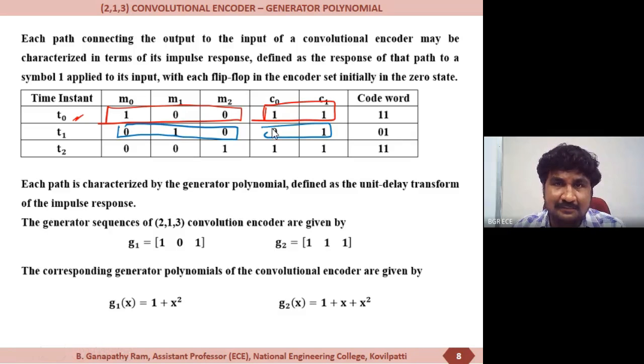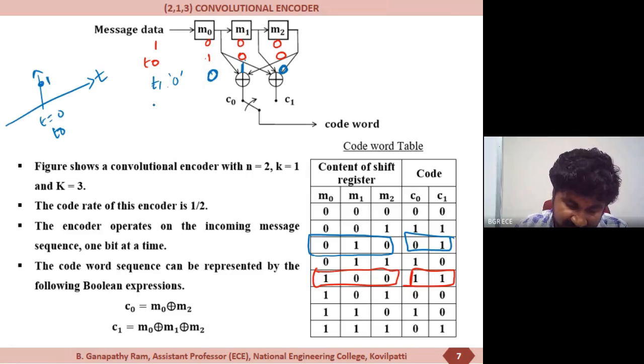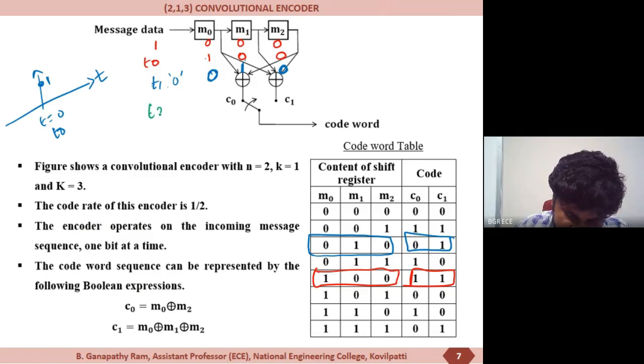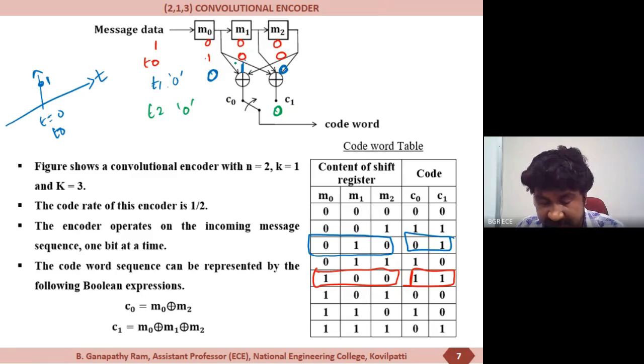Now at time t2, again a 0 is loaded, and the content of m1 is shifted to m2, and the content of the flip-flop m0 is shifted to m1, and a new 0 is coming inside.